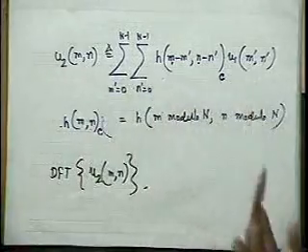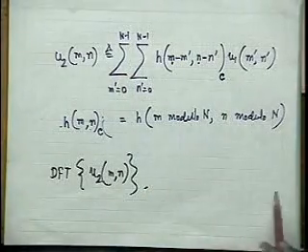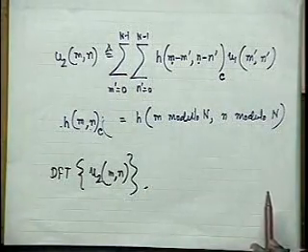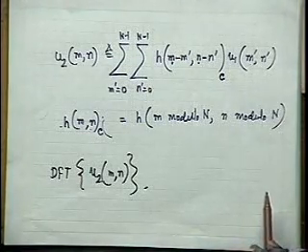Now, I go back to the original definition of the convolution function u2 m n equal to this, and in this expression simply what I do is I take the discrete Fourier transform of both the sides, the left hand side as well as the right hand side, with indices m n.